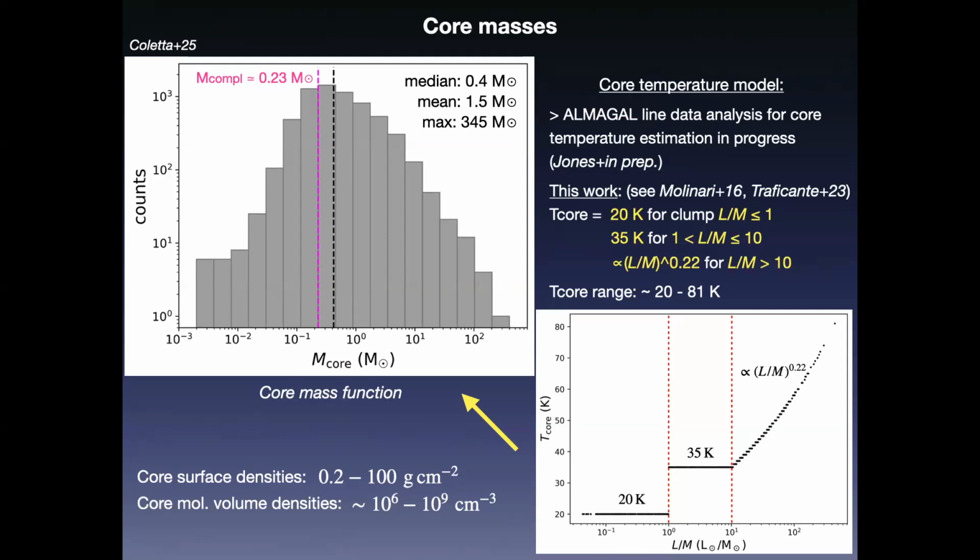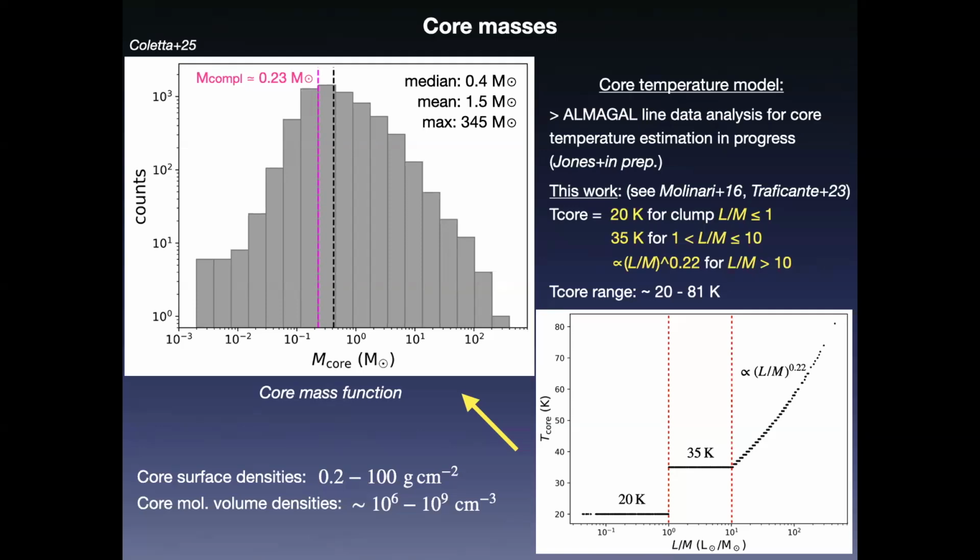We see a representation of this model in the lower plot. The temperature range we obtained for the cores ultimately was between 20 and 81 kelvins, which is consistent with most of the estimations and values commonly used at core scales, also by other studies.